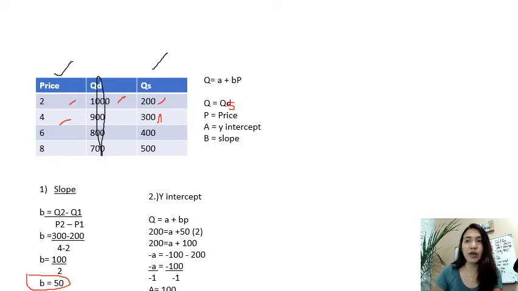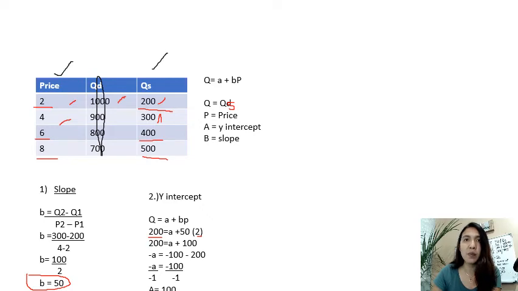Second step is again finding the y-intercept, and as I have said, you can use any combination of QS and price this time. So I use 200, I replace Q with 200, I replace price with 2. Can I use 500 and 8? Yes. Can I use 6 and 400? The answer is yes.